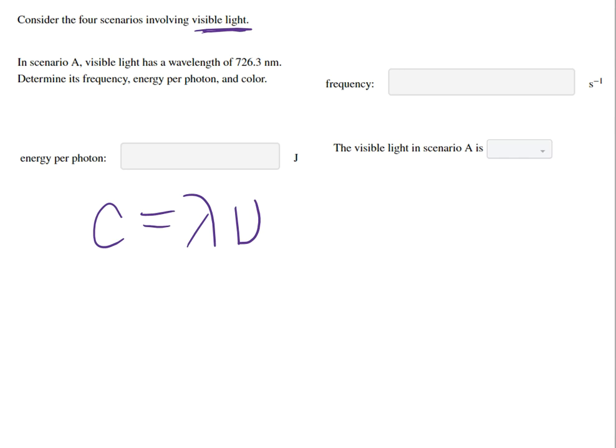Also keep in mind what units have to be used when using this equation. The speed of light is given in the units of meters per second. Frequency is measured in hertz, and remember, hertz is an inverse second. We can also show it as 1/second. So that means that our wavelength has to be in meters to use this equation.